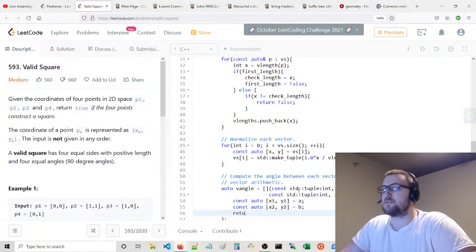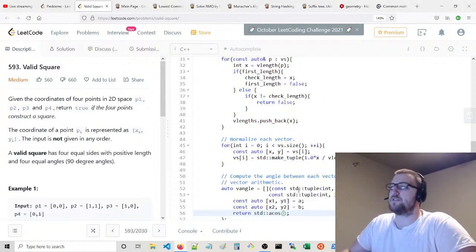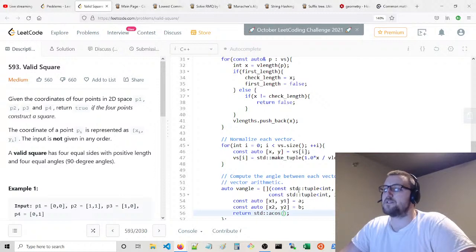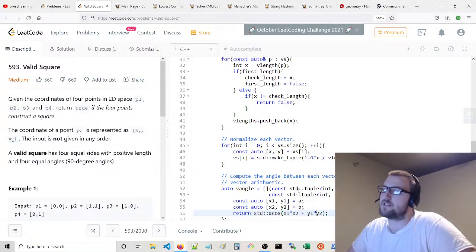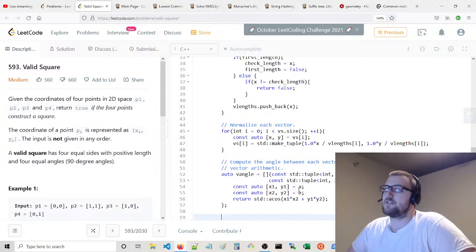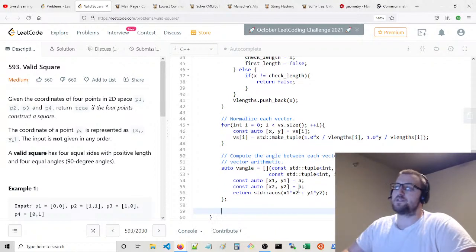We're going to say return standard a cosine of the dot product. So it's x1 times x2 plus y1 times y2. Basically take the values and multiply them and add them together. V angle. So we'll say.